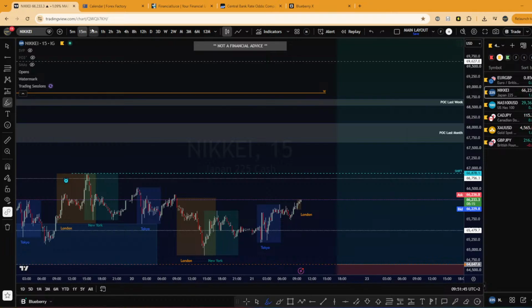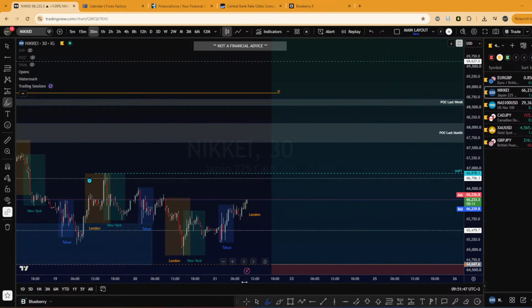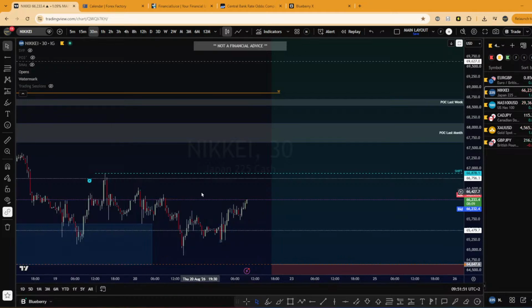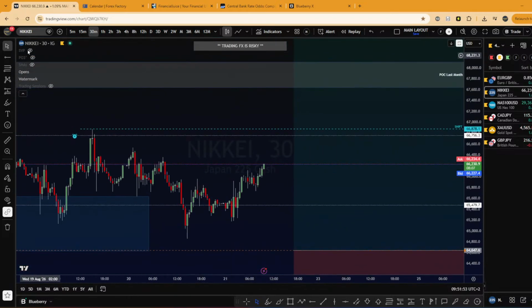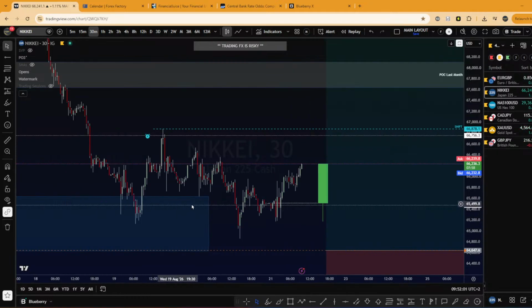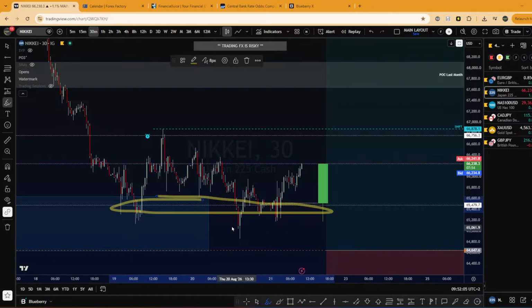What do we have? 15 minutes. Yeah, we open here. The daily starts to be bullish. So you see how this support is holding price perfectly.